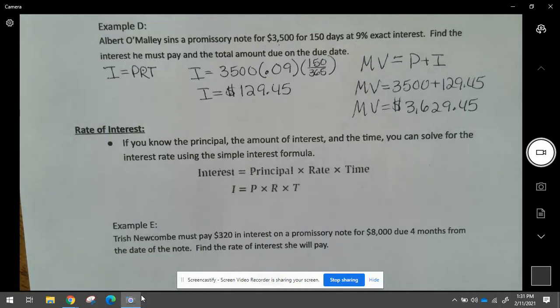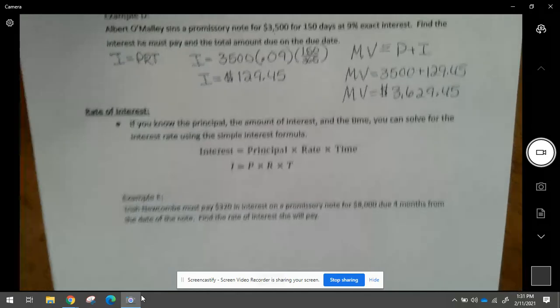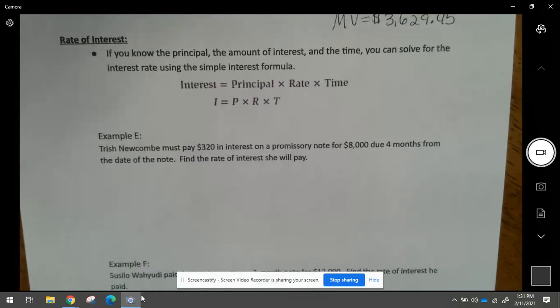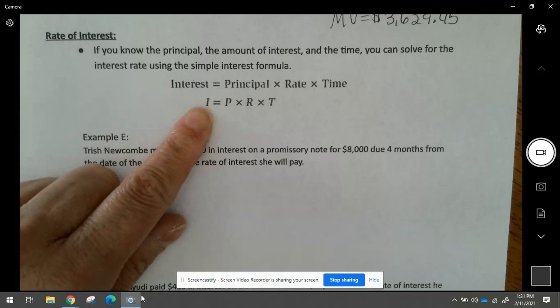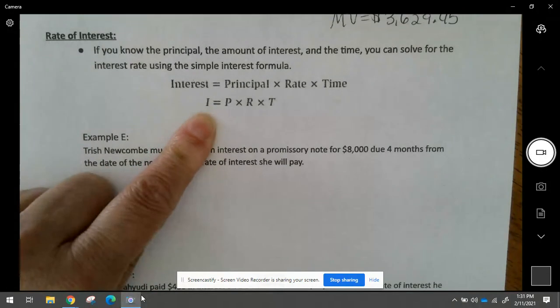Okay, the last skill concept we're going to learn today is calculating the rate of interest. If you know the principal, the amount of interest, and the time, you can solve for the interest rate using the simple interest formula. So what we're going to do is maneuver this formula around.